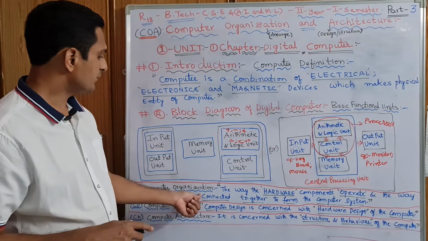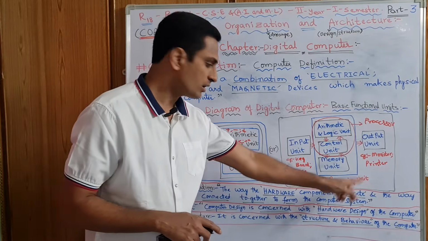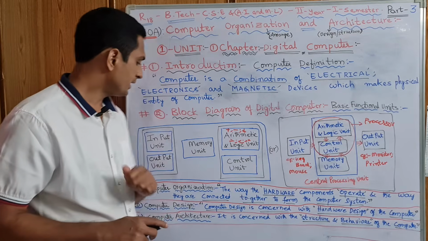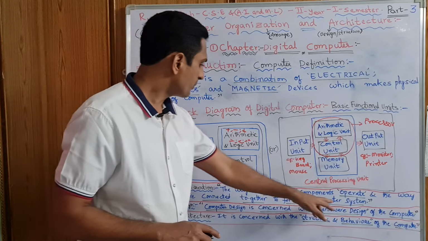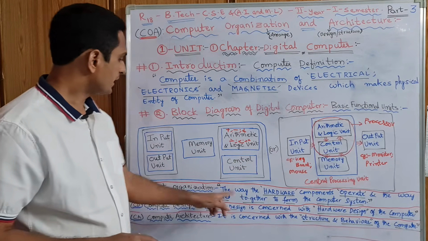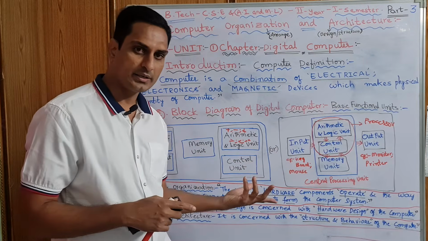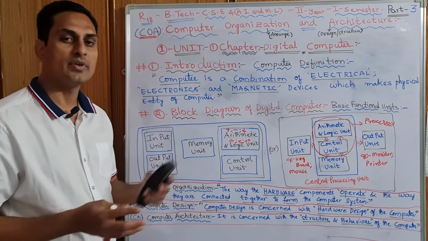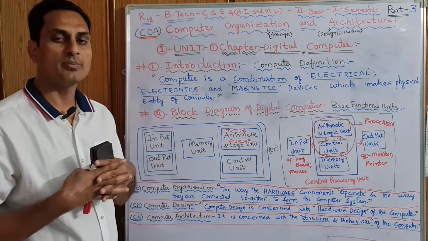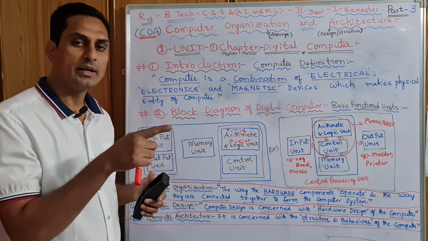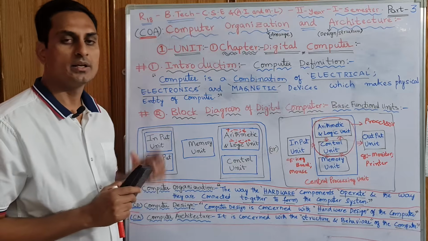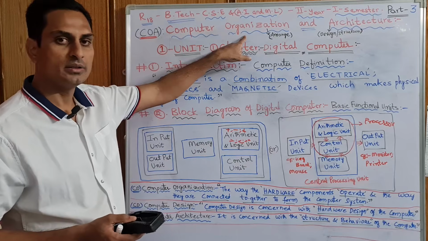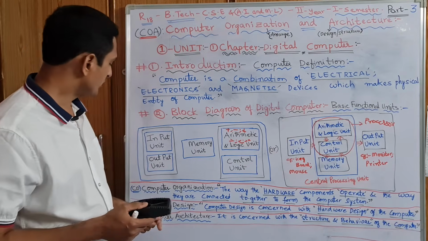Computer organization is concerned with the way the hardware components operate and the way they are connected together to form the physical entity of the computer. If you don't find the script, you can listen to this, right? You can say something like this: how the hardware parts are connected and the way the data will flow inside the computer, zeros and ones will flow. That is called computer organization. That will be covered in next videos.